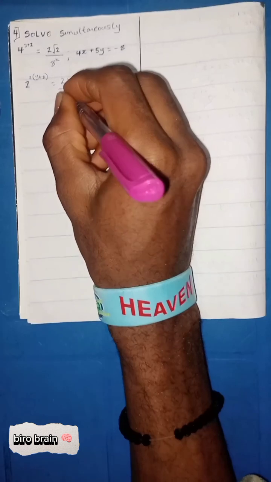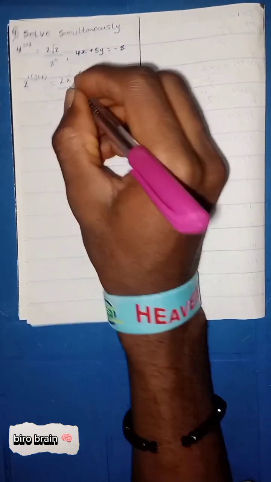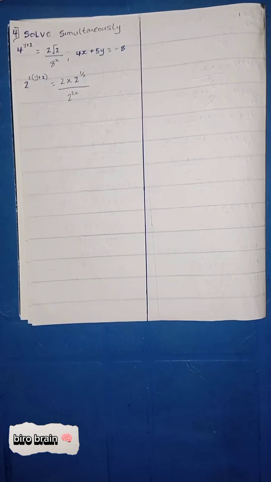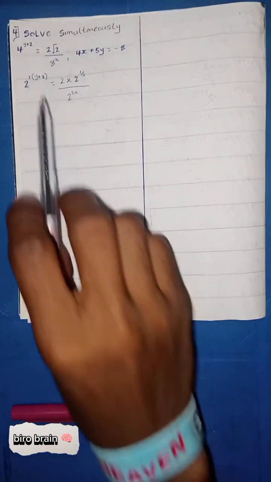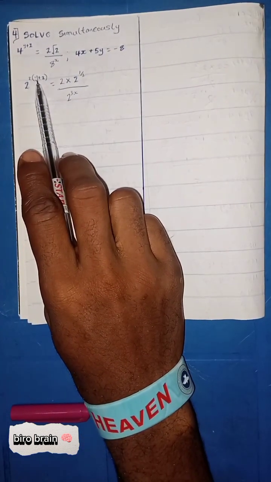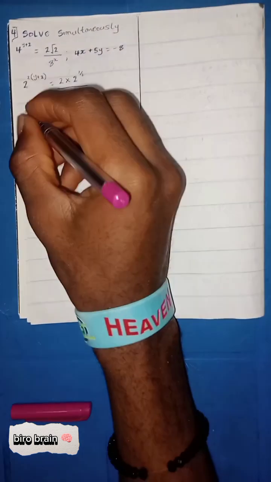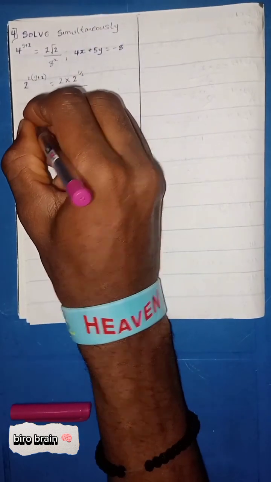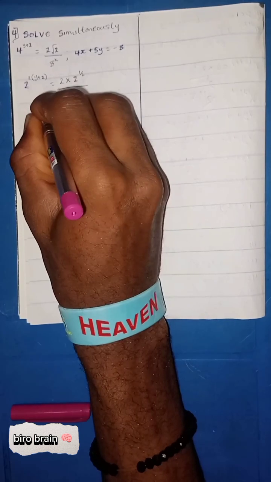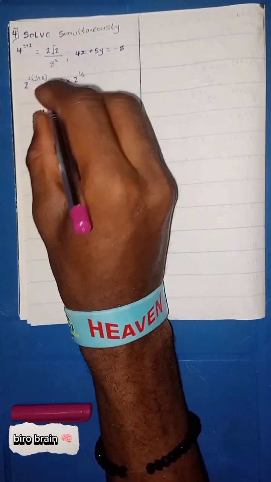So we have 2 raised to the power 3x. So what's the next thing we do in this case? Now we have 2 times y. 2 times y will give us 2y. So 2 raised to the power 2y plus 2 times 2 will give us 4.